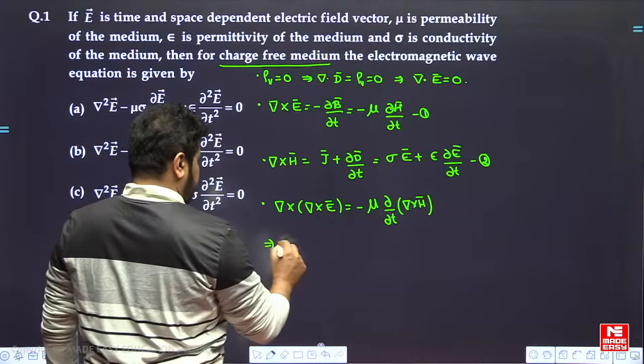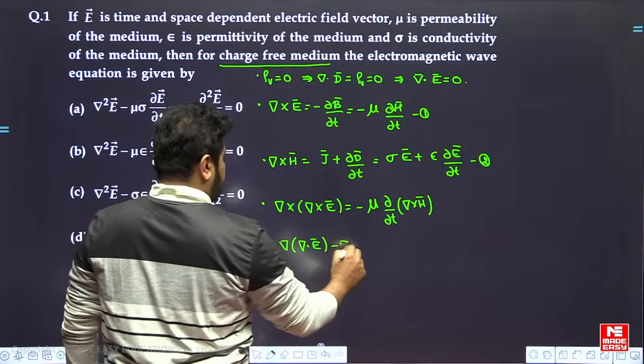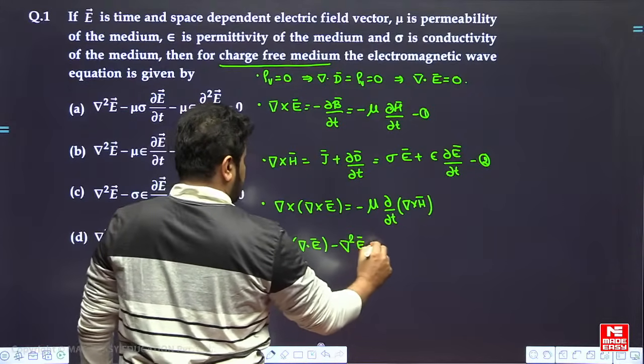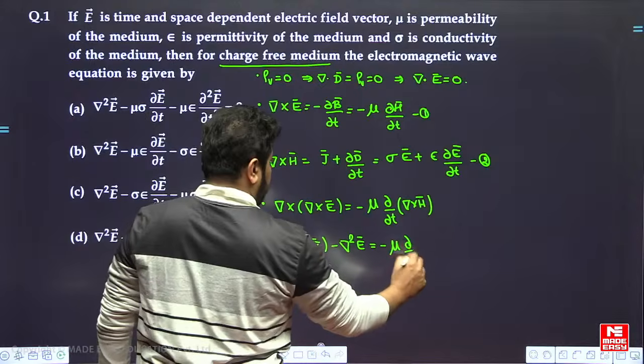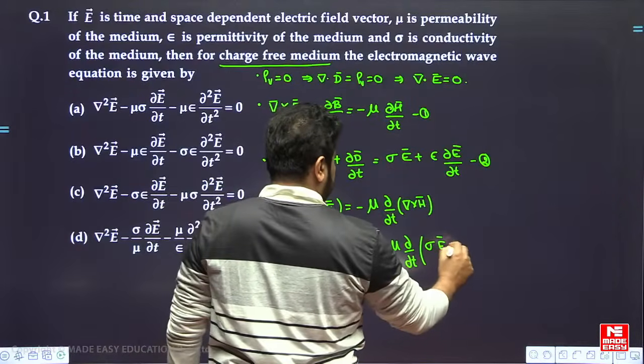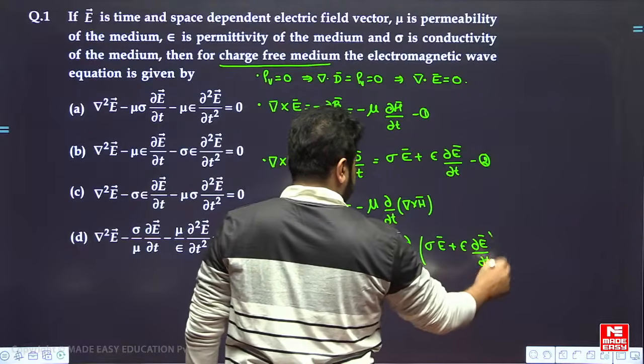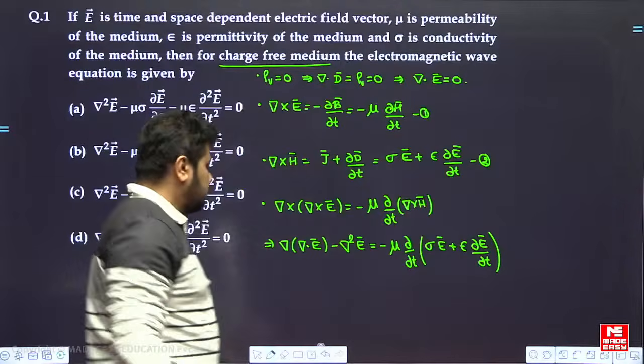This is nothing but del of del dot E minus del square E. This is equal to minus mu del upon del t of del cross H. And what is your del cross H? This is your sigma E plus epsilon del E upon del t, correct. So this will be the value.